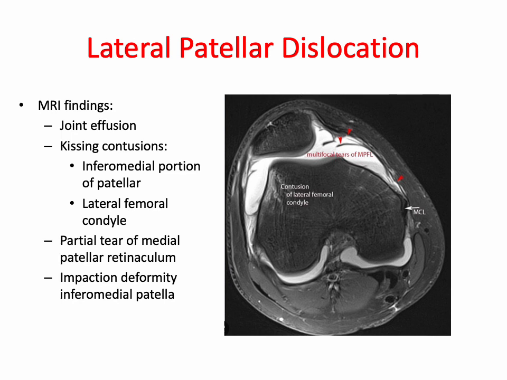We have matching contusions, here in the lateral femoral condyle, and we may see an associated contusion in the inferomedial portion of the patella where they've been butted up against each other. We can see tears of the medial patellofemoral ligament or medial patellar retinaculum, and sometimes you can have associated fractures or impaction fractures in the inferomedial patella.